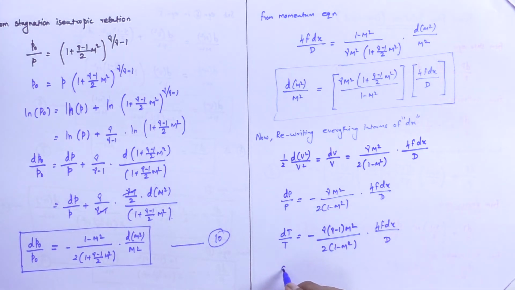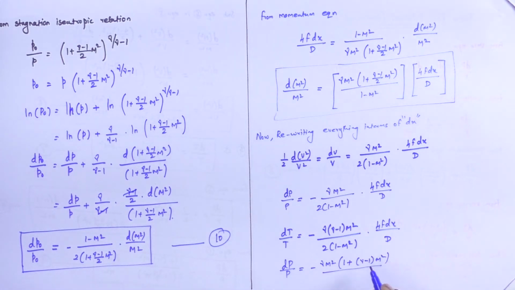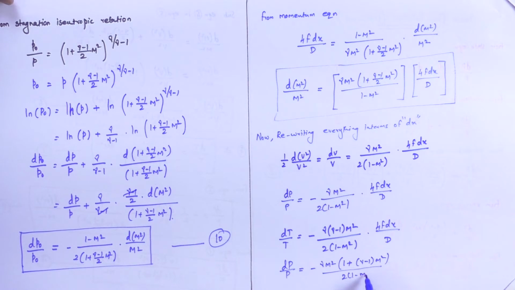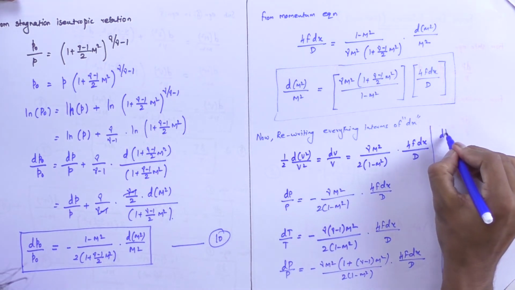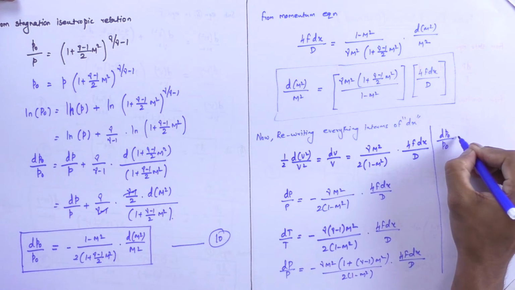Then dP by P is equal to minus gamma M square into 1 plus gamma minus 1 M square divided by 2 into 1 minus M square into 4f dx divided by D. And also we have the P naught variation relation.